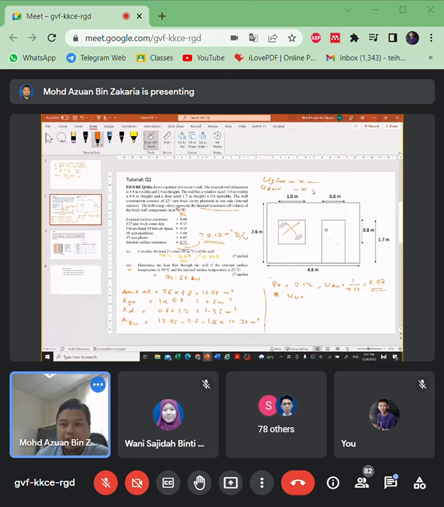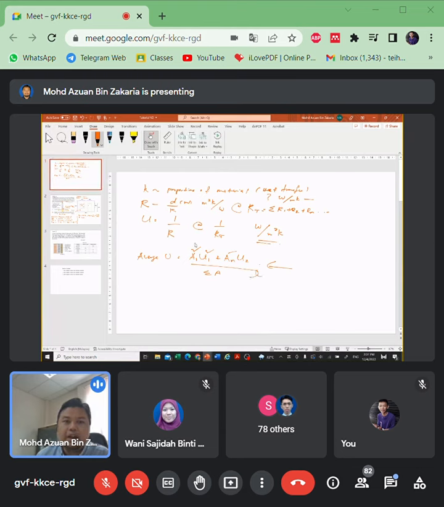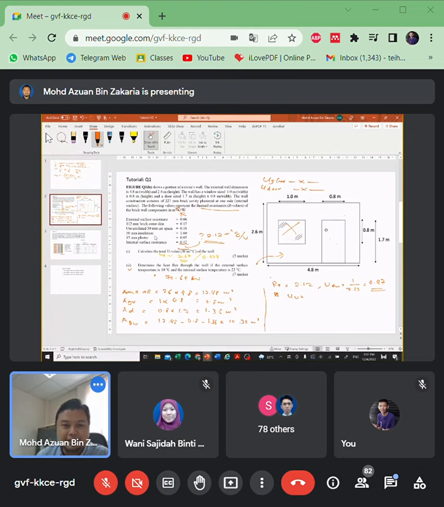Yes. And then this question actually just wants to know the total U value of the wall only. Brick wall. So we cannot calculate the average. This one we cannot do. I will give another, different exercise later.